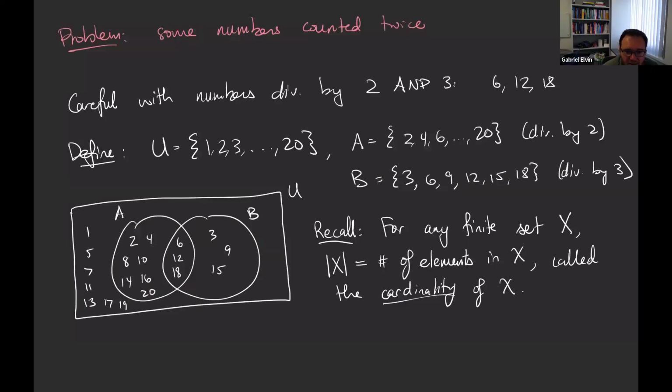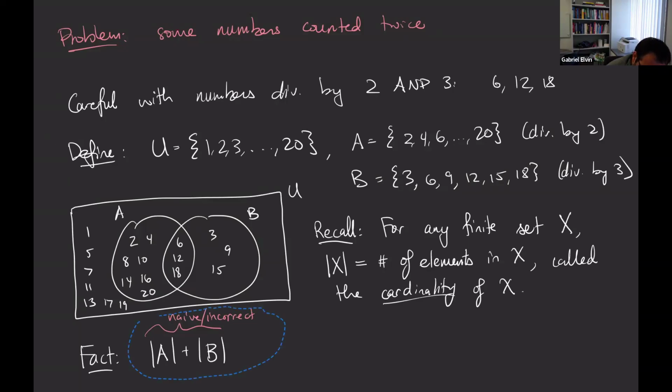Okay, so what we can do is do our naive method and overcount, but then subtract what we need. If I take the size of A plus the size of B, that was just the naive way. I should say what we're doing.